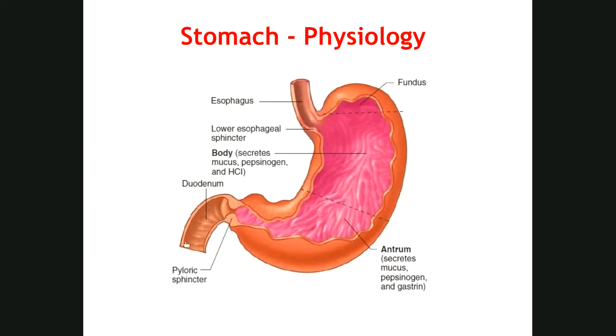In the duodenum, the environment of the food is going to be very different. It's not going to be acidic anymore due to the secretions of the glands that secrete bicarbonate and alkaline secretion that will neutralize the acidic content coming out from the stomach.